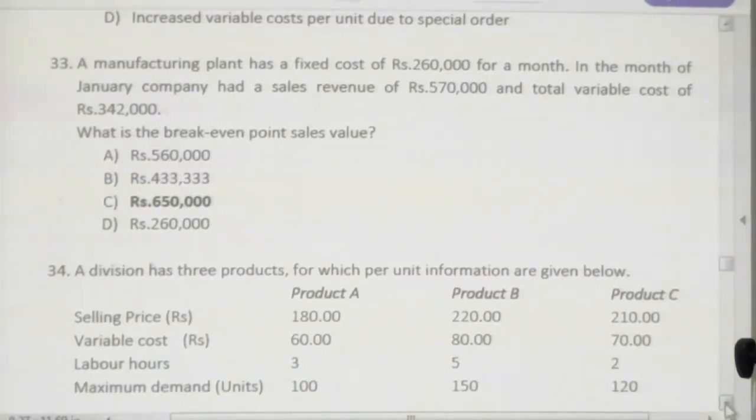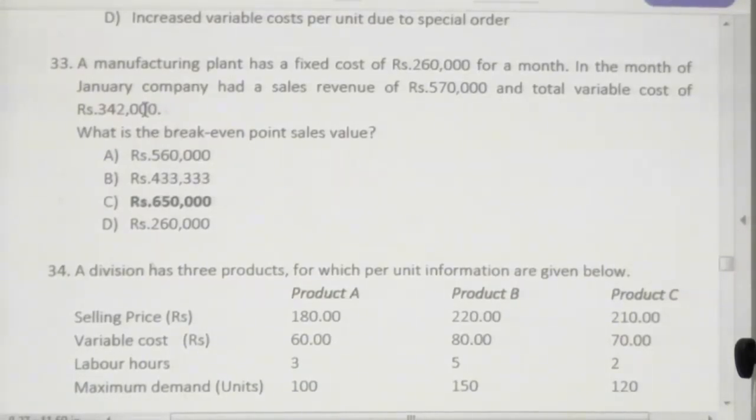Your total revenue 570,000, then minus variable cost of 342,000, then your total contribution is 228,000. Clear? Your total contribution will be sales value minus variable cost, then your contribution will be 228,000.